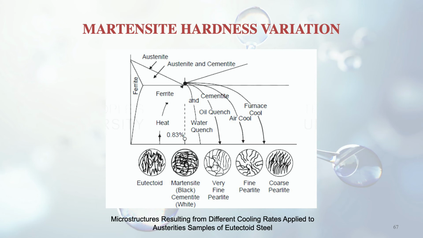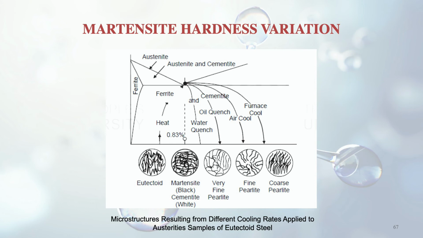If there is furnace cooling, then it results in coarse perlite, meaning the grain growth is more and it gets time to grow. Then air cooled means fine perlite, meaning the structure growth rate is lower. They are not completely grown, they are in small shapes, so that's why they are fine.